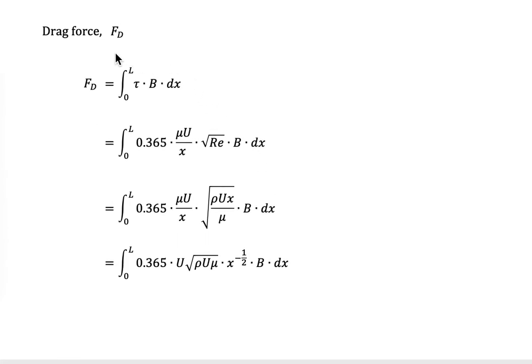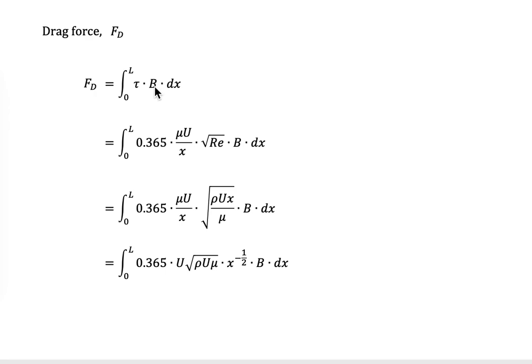For drag force, as we know, force can be calculated by multiplying shear stress and area. So what we do here is the integral of shear stress times B times dx.